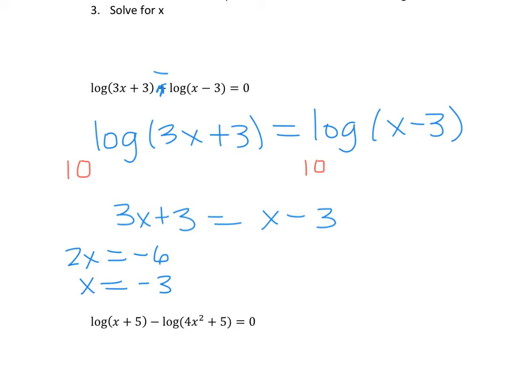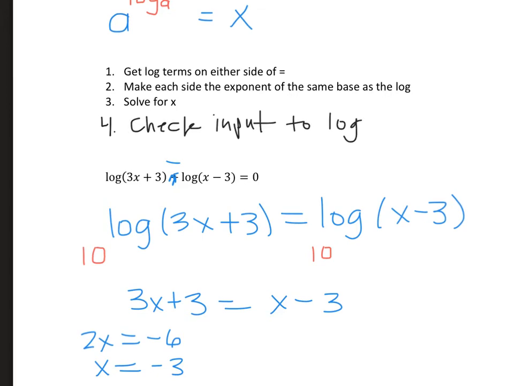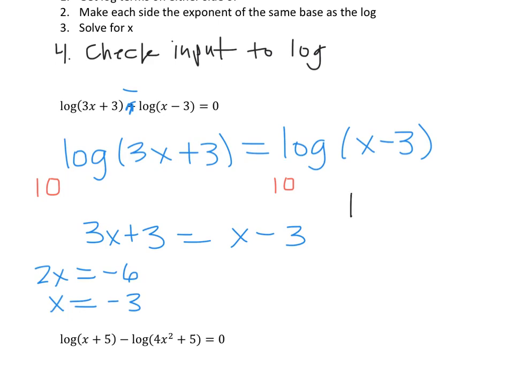All right, there really is one more step we need to add to this list of steps for solving. When we have an input to a log, we need to make sure that it is positive. So if we get an answer for x, we want to make sure that it is a solution by saying that what we put into the log has to be positive.